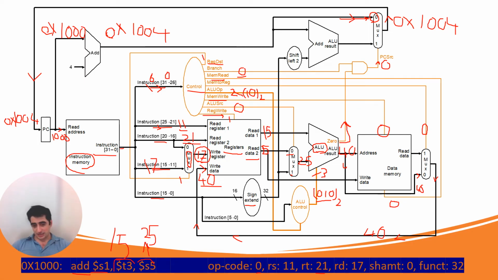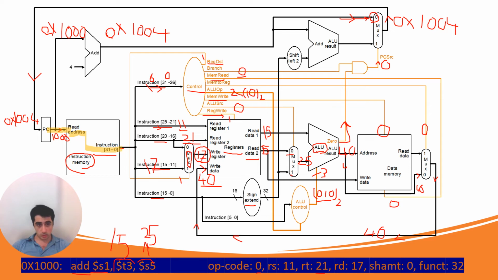Now, the last thing I want to do in this short video is to highlight with different colors all the active lines. One line that was active, and it's called the critical path because it's the longest active line, is coming out of PC, gets into the instruction memory.